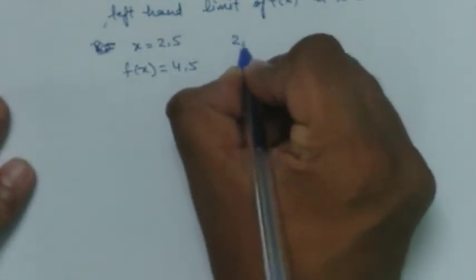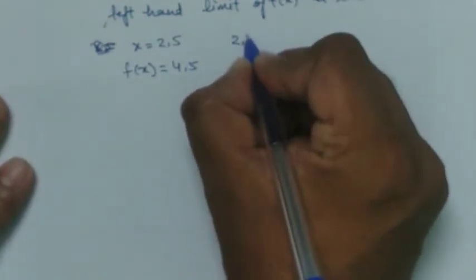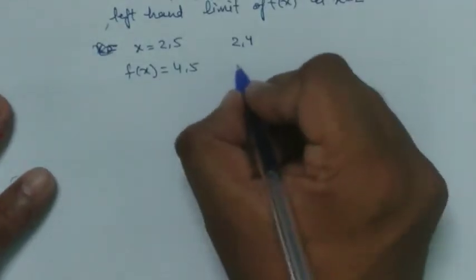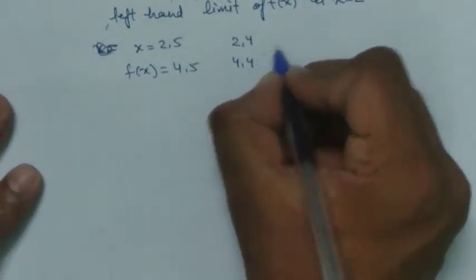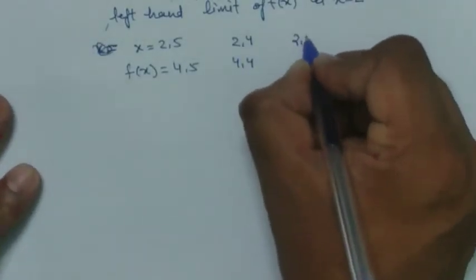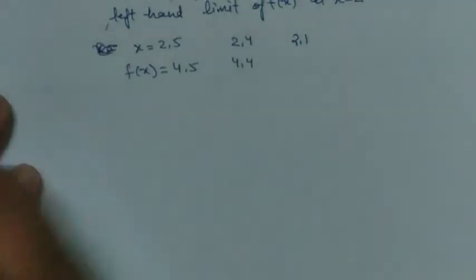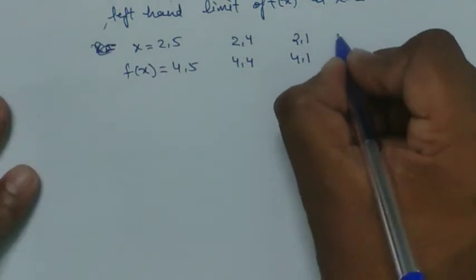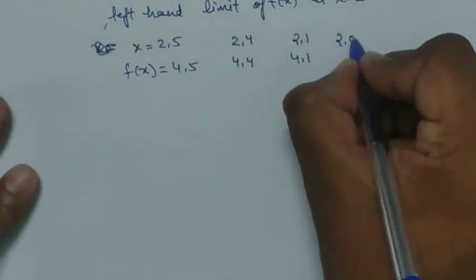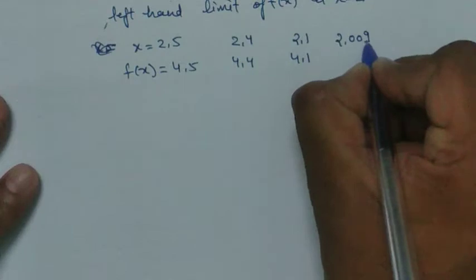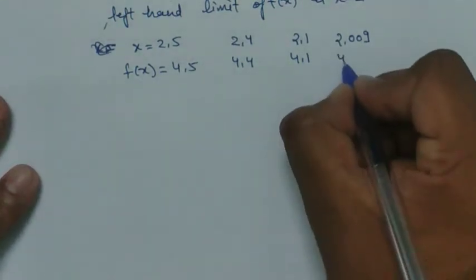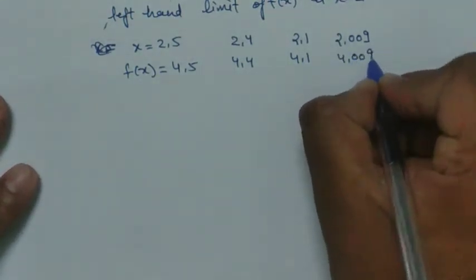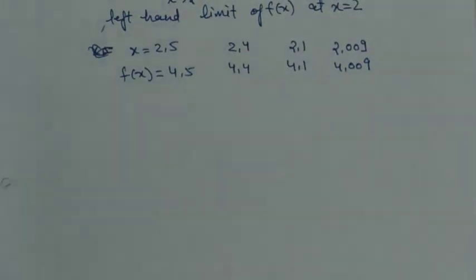When x is 2.4, f(x) is 4.4. When x is 2.1, then f(x) is 4.1. When x is 2.009, then f(x) is 4.009.